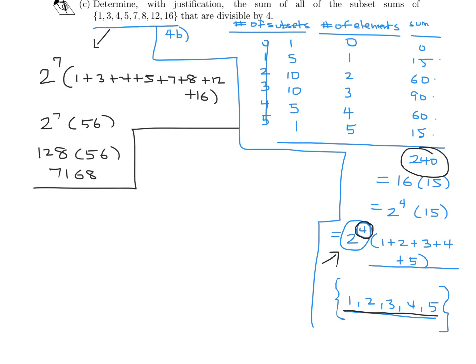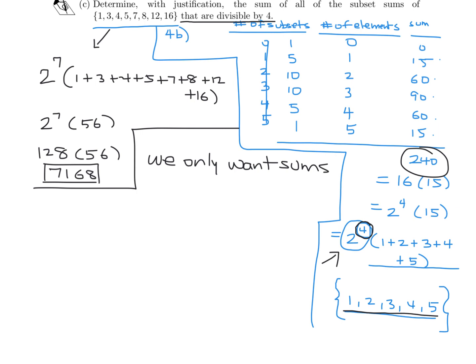Now, I know that's very difficult to come up with on your own, but that's why it's the last question of the contest. Okay, but we're not done yet. We think, well, okay, great, I'm done, right? But no, because they want only the sum of all subset sums that are divisible by 4. So we only want sums divisible by 4.